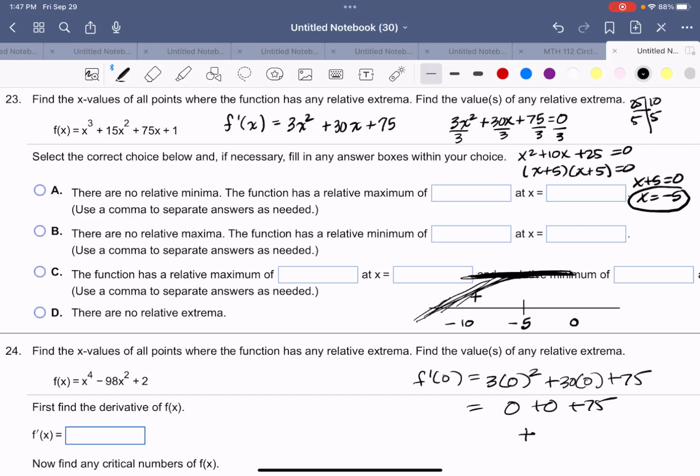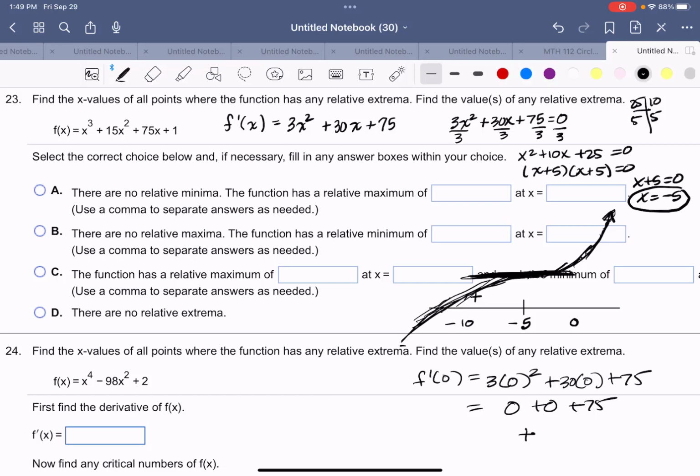It is still positive. So the function continues to go up because it's continuing to increase. So in the case of this function, there are no relative extrema because the function is always increasing.